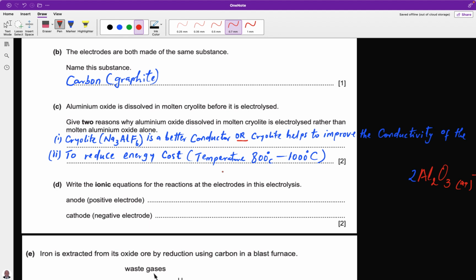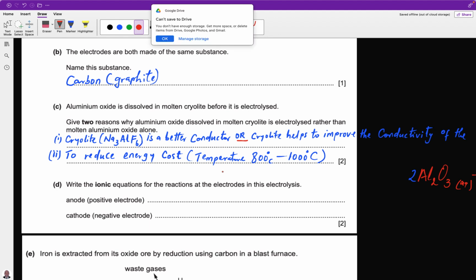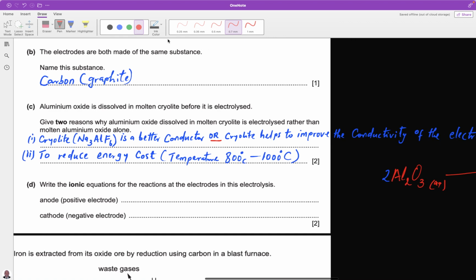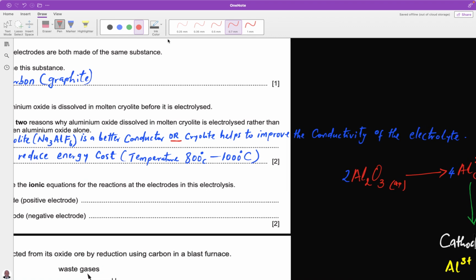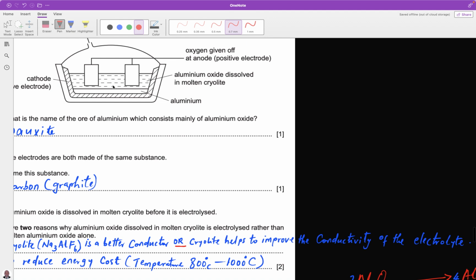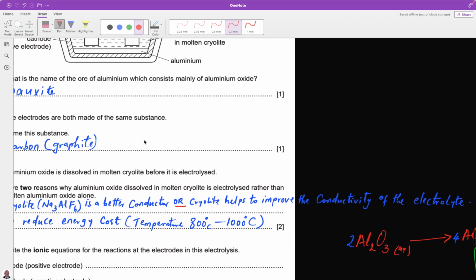The first reason is that cryolite is a better conductor of electricity, or you can say cryolite helps to improve the conductivity of the electrolyte. This is the electrolyte here. So the cryolite will help to improve the conductivity of the electrolyte.